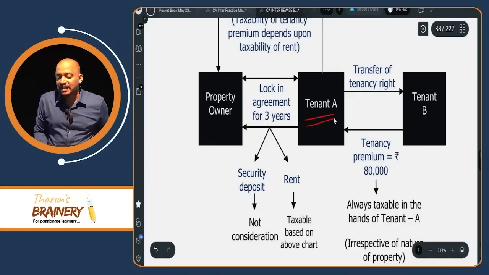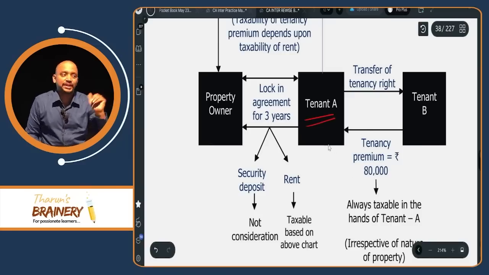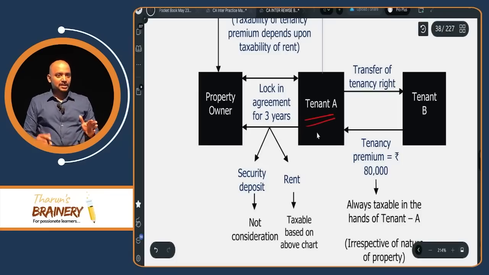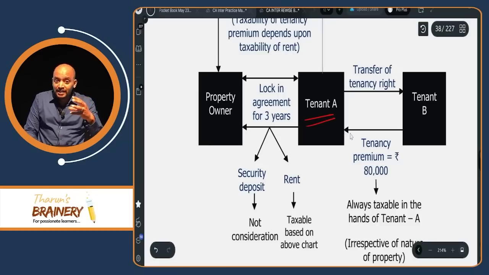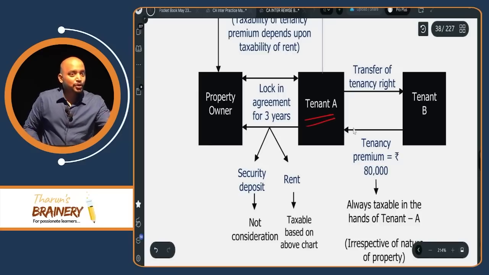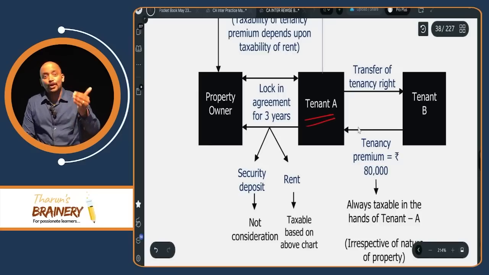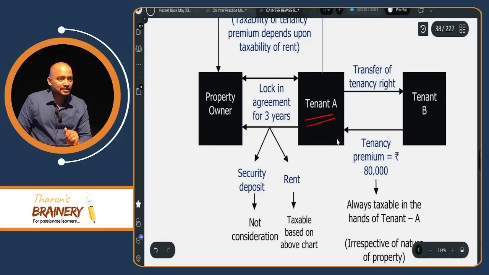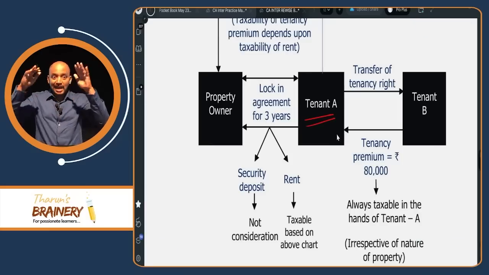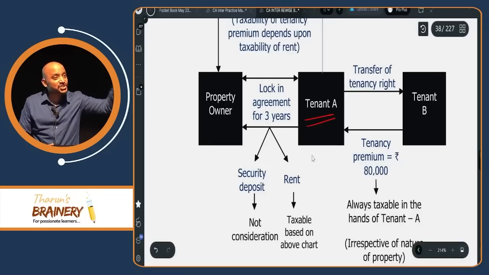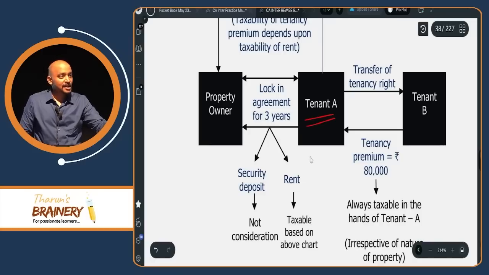Because tenant A would have incurred some expenditure for that property or would have made it conducive for the business. For example, you took one place and converted it into a restaurant. To make it a restaurant, you do a lot of interior work, correct? Like toilets and all you will construct, and then ACs, interior, kitchen, everything you will make.